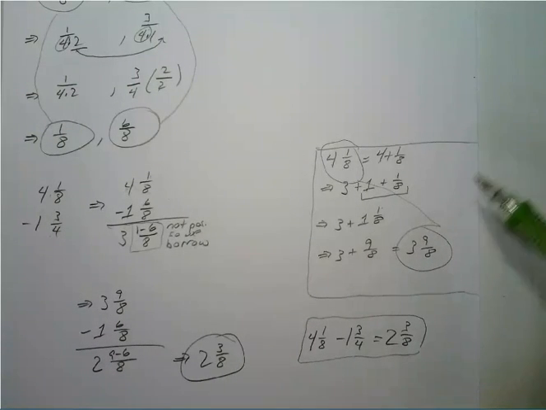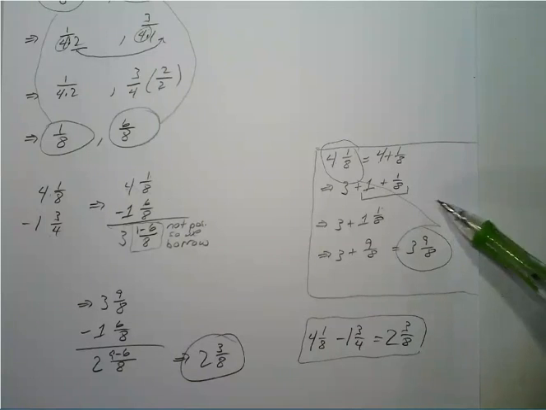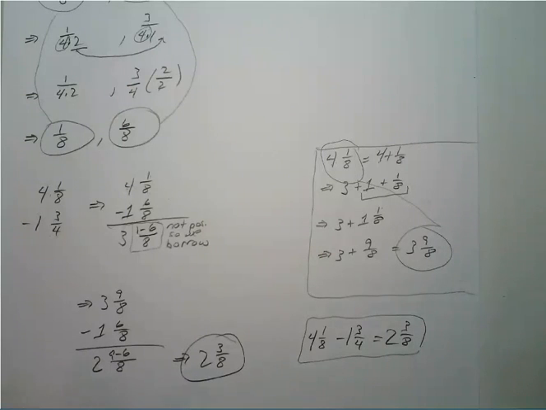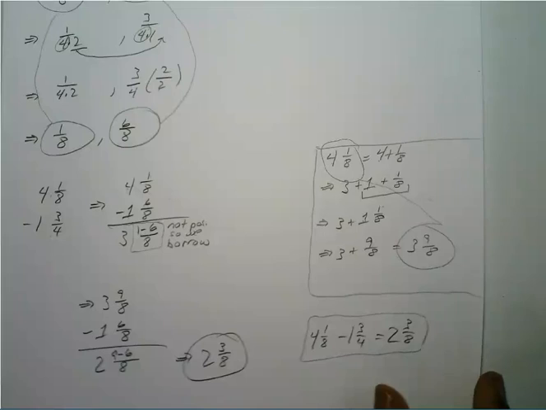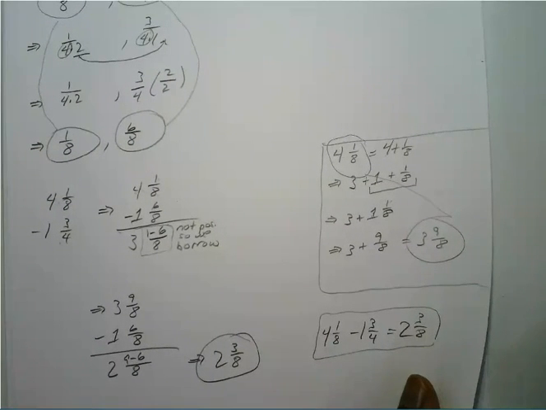Like I say, it gets a little bit tricky when you're talking about the borrowing, but with a little bit of practice, it'll flow seamlessly. All right, so if you're still writing, feel free to press pause. But we have one more example we're going to go ahead and get through.